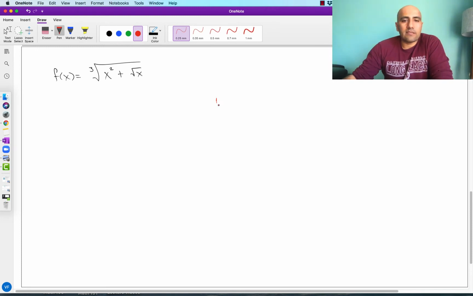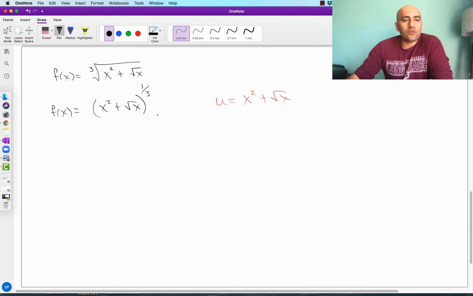So we can think of this as u equals x squared plus square root of x. And then we could rewrite this as f of x equals x squared plus the square root of x, and the whole thing is being raised to the power of 1/3.